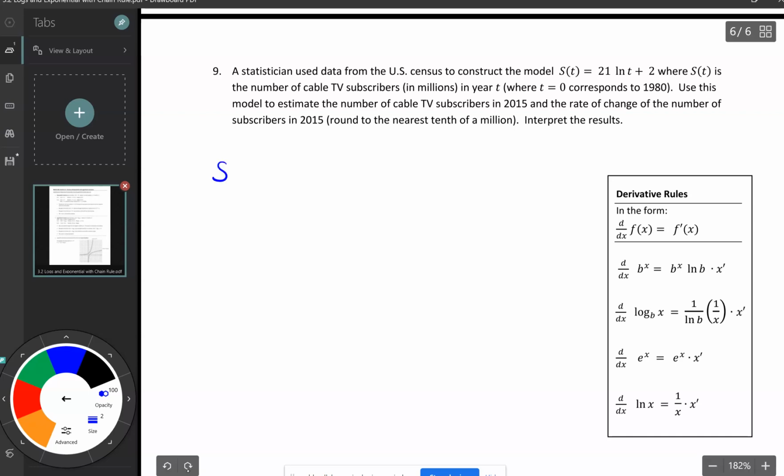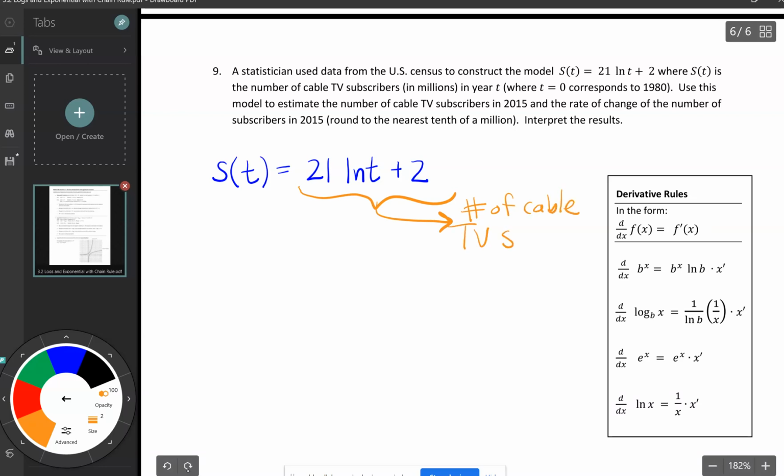Okay, so I'm going to rewrite my model because remember, whenever you have a function, you have to slow your brain down and ask yourself what's coming in, what's coming out. What's the input? What's the output? So it says where S of t is the number of cable TV subscribers in millions. So my output is the number of cable TV subscribers in millions.